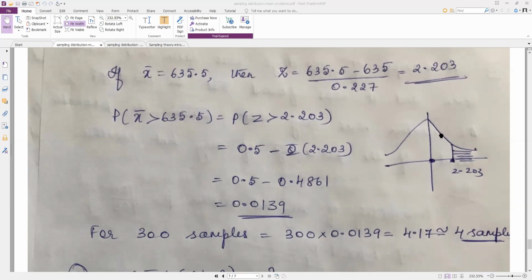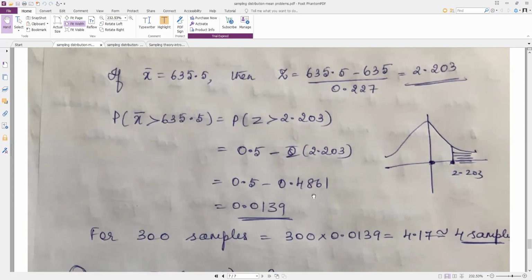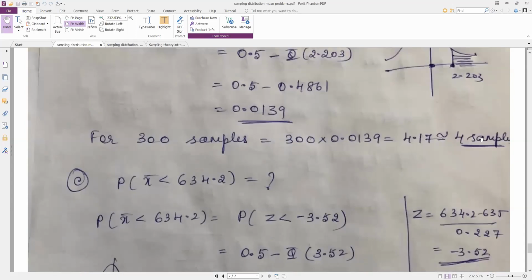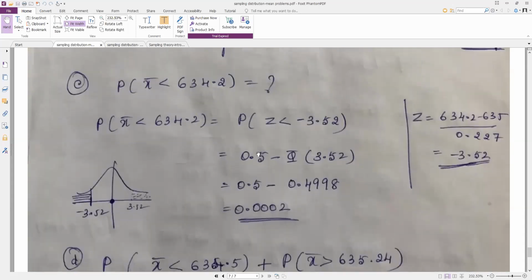So we deduct the area from 0 to 2.203, that is phi of 2.203. That is 0.5 minus phi of 2.203. You can get the value from the normal table. Then multiply by 300, you will get 4 samples.